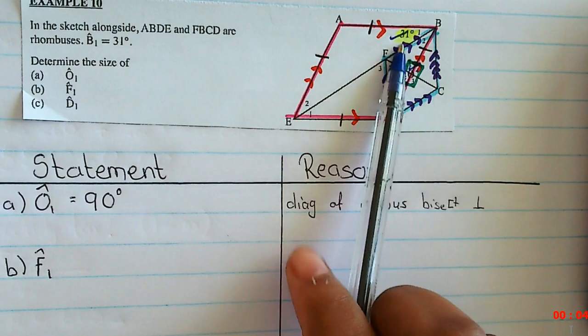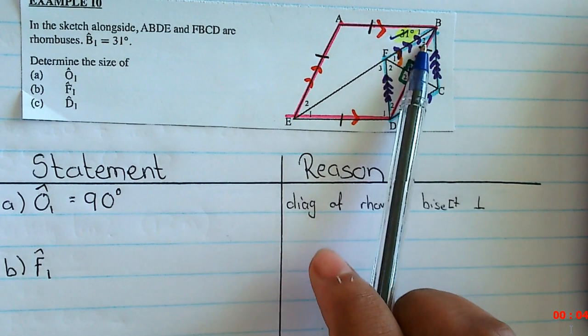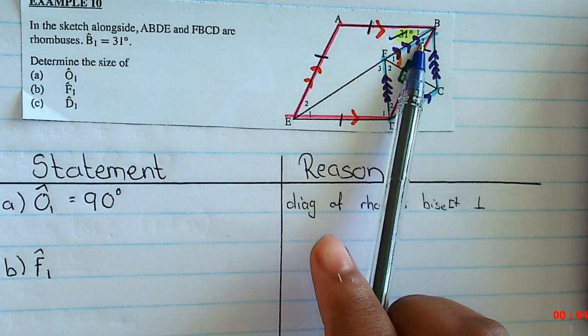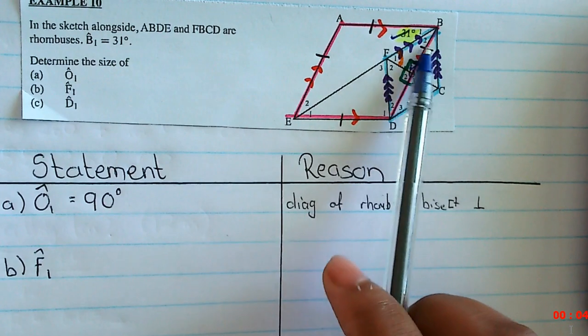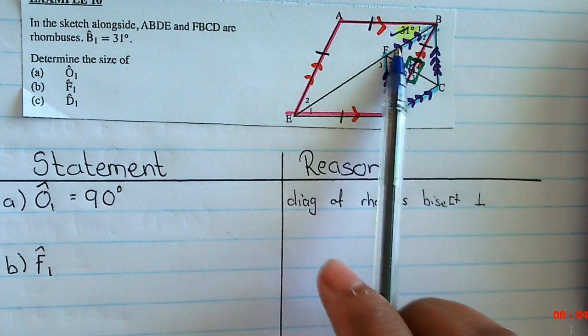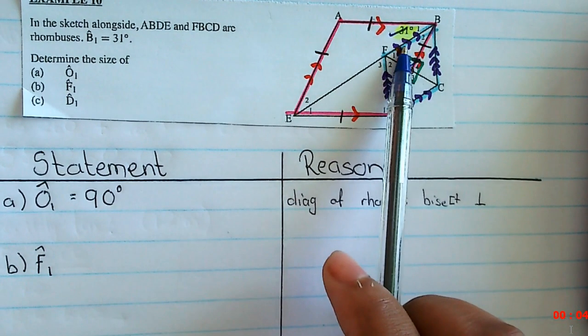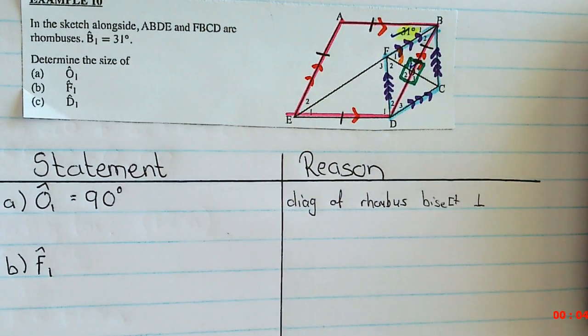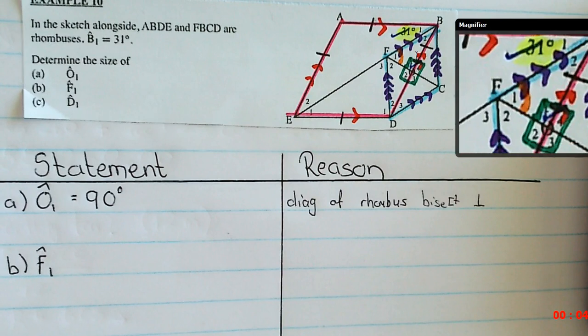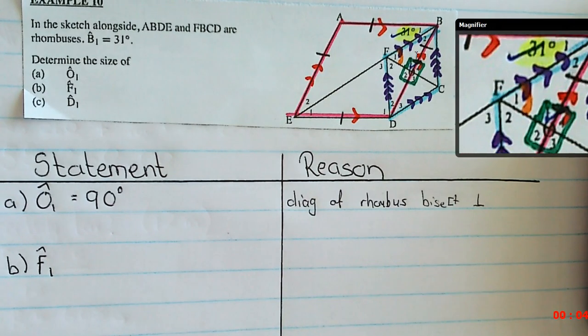So this 31 here, we can use it to find B2. Does that make sense? Because the diagonals of the rhombus bisect the angles. So if I can say B2 is 31, then I just need to look in this triangle to find F1. Can you see it? B2 plus 90 plus F1 must give 180 in the angle. Look here. This is 51 for my pink rhombus, and this is also 51.